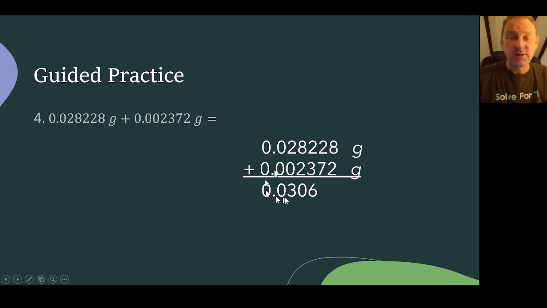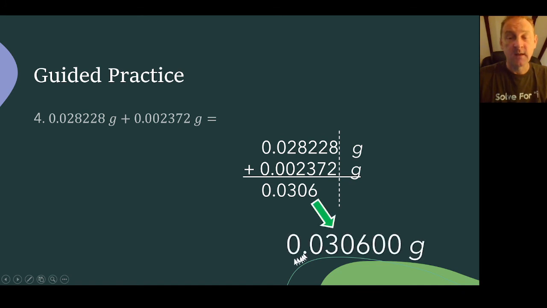And when you put this in your calculator, it's going to say this for an answer. However, these 2 columns are important, so when you record this, you've got to add those zeros here to show the significance. So the proper way to record this answer would be 0.030600. You've got to put those zeros there even though your calculator did not. So you've got to pay attention and report the significance that your measurements actually had.